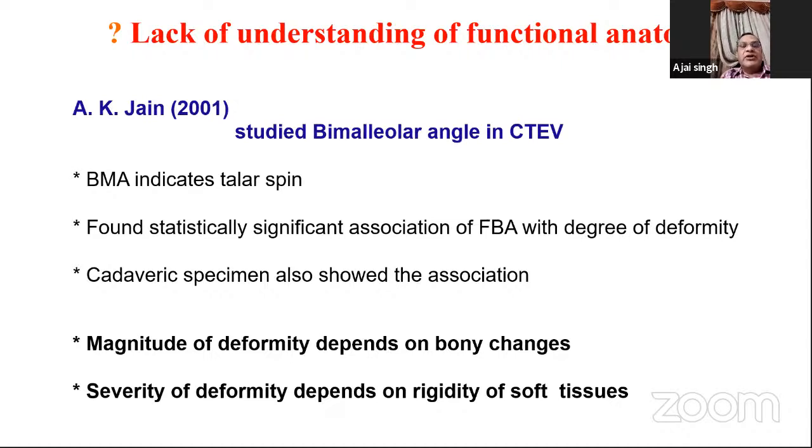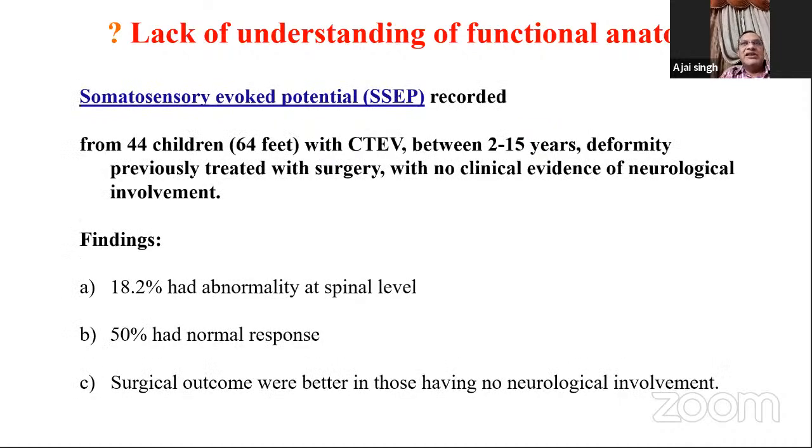In 2001, Dr. A.K. Jain, in an Indian study, found that the bimalleolar angle, the foot valvular angle, is associated with the degree of deformity, and the cadaveric specimen also showed the association, because this angle gives an idea about the talar twist. We know now that the talus is the main culprit, and its neck becomes short and goes into medial torsion.